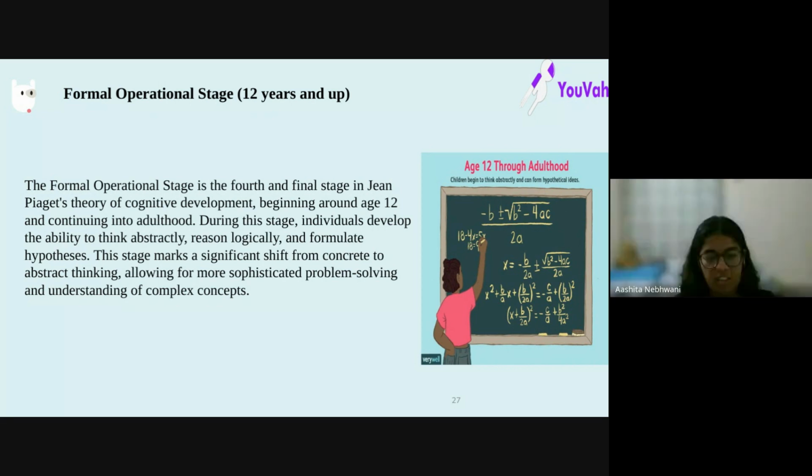During this stage, the thinking becomes more abstract and ideological, we could say. And from here, the logical thinking transfers into this hypothetical deductive model, where all types of solutions, even though they're not tangible, can be thought of, and accordingly, solutions can be found.